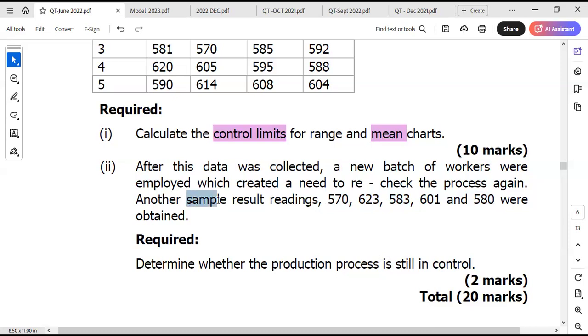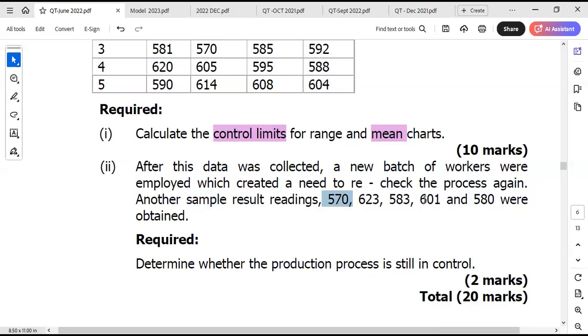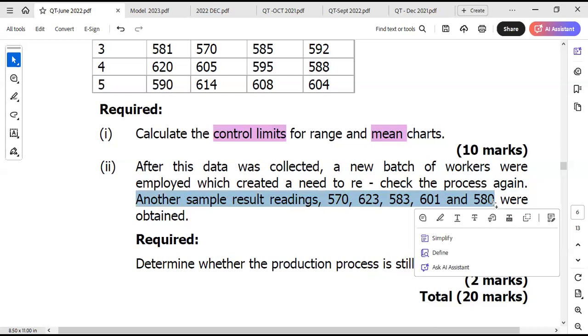So you have another sample. Whenever you have a sample, you must look for the range or the mean. So let's look for the range for this sample.